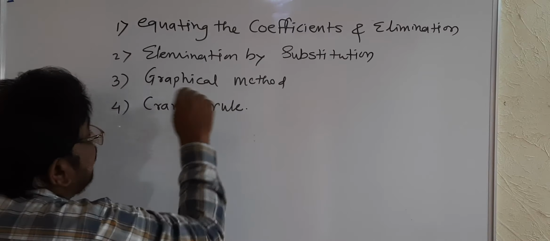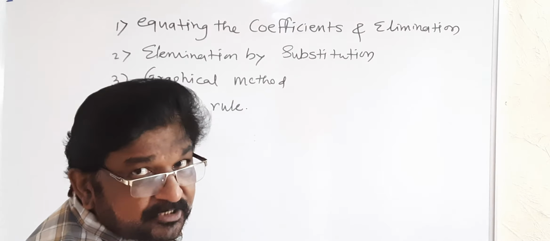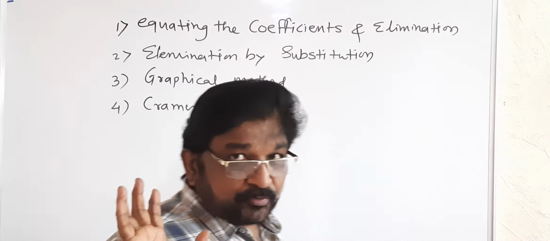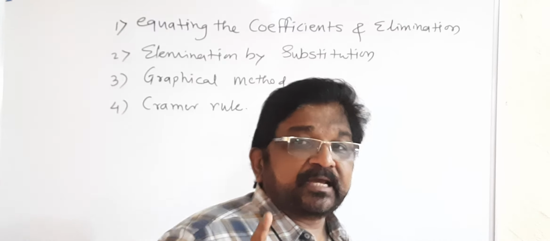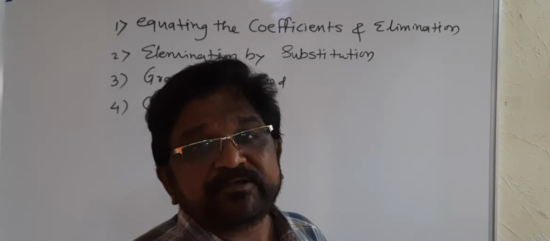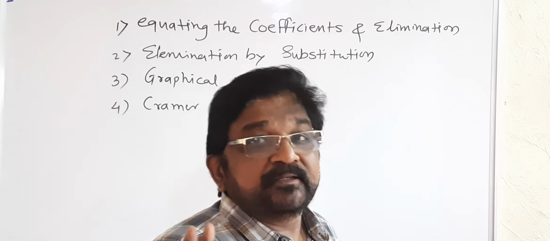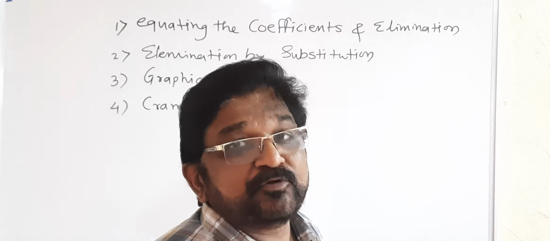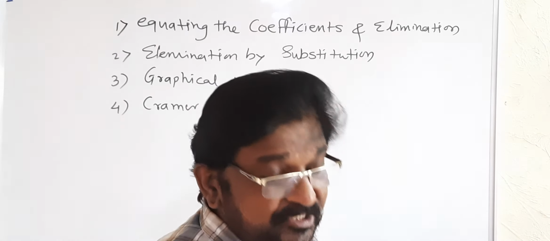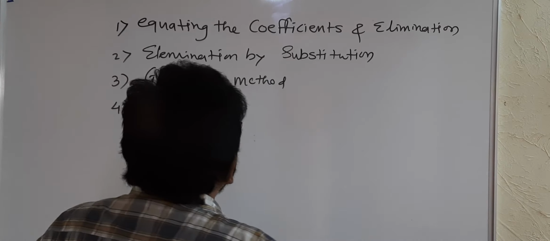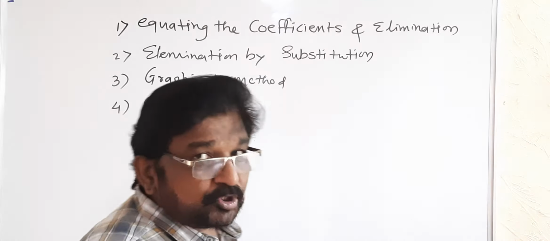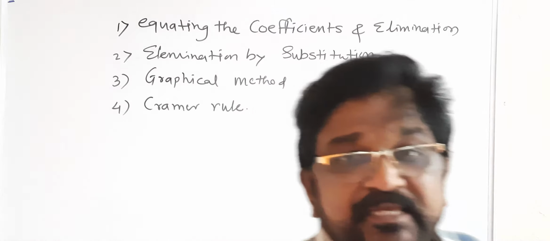Third is graphical method. And fourth is Cramer rule. Don't worry, I will explain each and every method in detail so that you can understand very easily and you can solve it within moments.